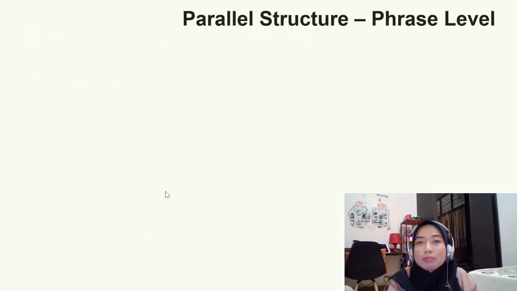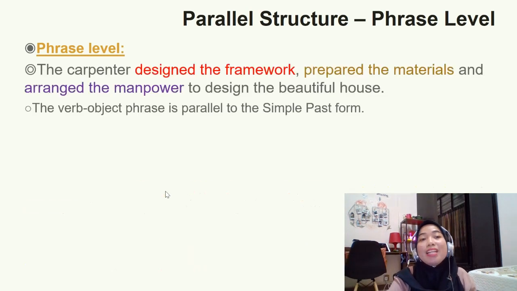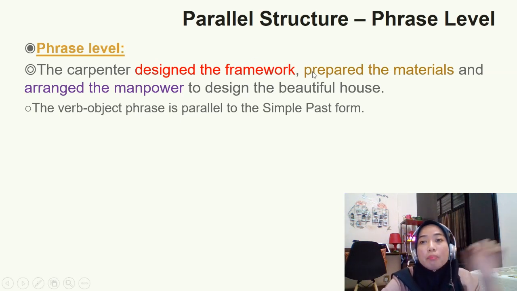But now here comes a bit more complicated, where you try to maintain parallelism at the phrase level. A phrase is a string of words, more than one single word. So here, the carpenter designed the framework, prepared the materials, and arranged the manpower to design the beautiful house. We have three different verbs here: designed, prepared, and arranged.